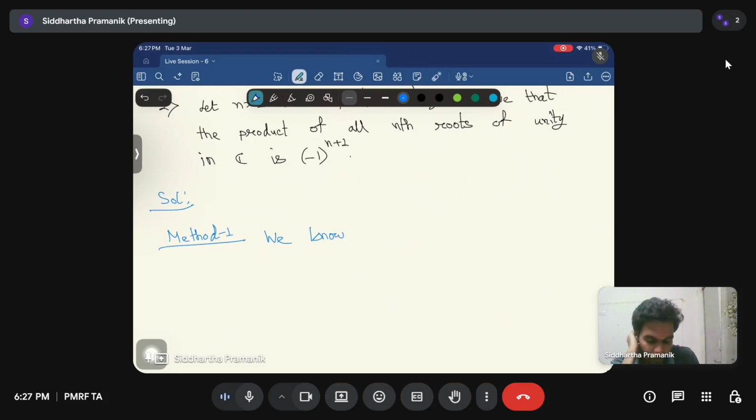We know that the nth roots of unity form a group. It is a cyclic group, but we just need that it forms a group.